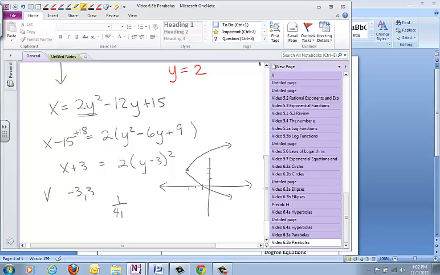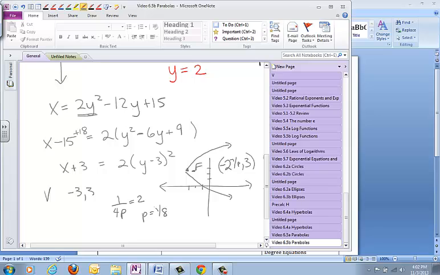Okay, so vertex is at negative 3, 3. We're going to set 1 over 4p equal to 2, and so p turns out to be 1/8. And so from negative 3, 3, we're going to go 1/8 to the right for the focus, and so that would be negative 2 7/8, 3. That's kind of a challenging number. We don't ever like to use mixed numbers, but in this case I think that negative 2 7/8, it's much easier to see that I've gone 1/8 to the right.